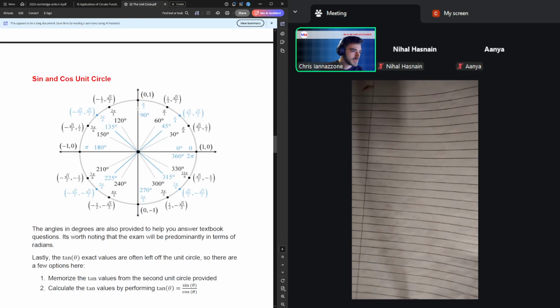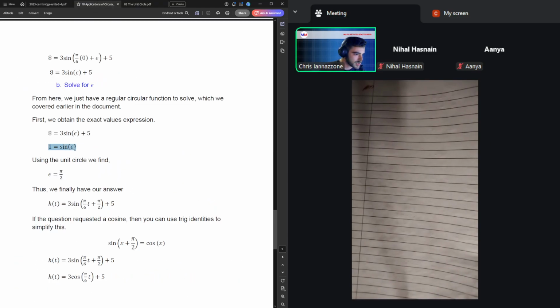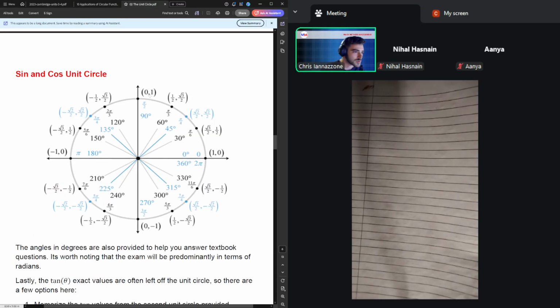So we're doing sine equals 1, which means we're looking for where the y values are equal to 1. There's only one spot on the unit circle where a y coordinate is equal to 1, and that's at the angle pi over 2. Technically speaking, you could go multiple times around the unit circle.